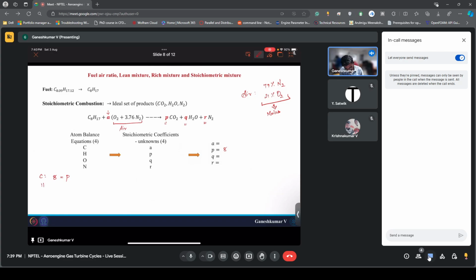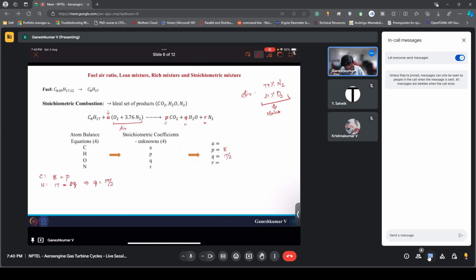And similarly, if I want to do it for hydrogen, it would be 17, which will be equal to, we don't have any hydrogen in R, and on the right hand side you have 2Q. Okay. So this will give Q to be 17 by 2.